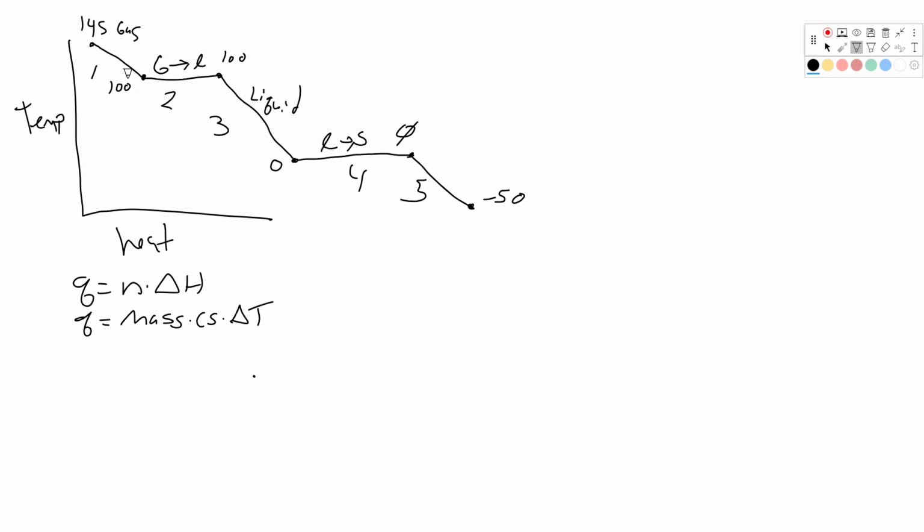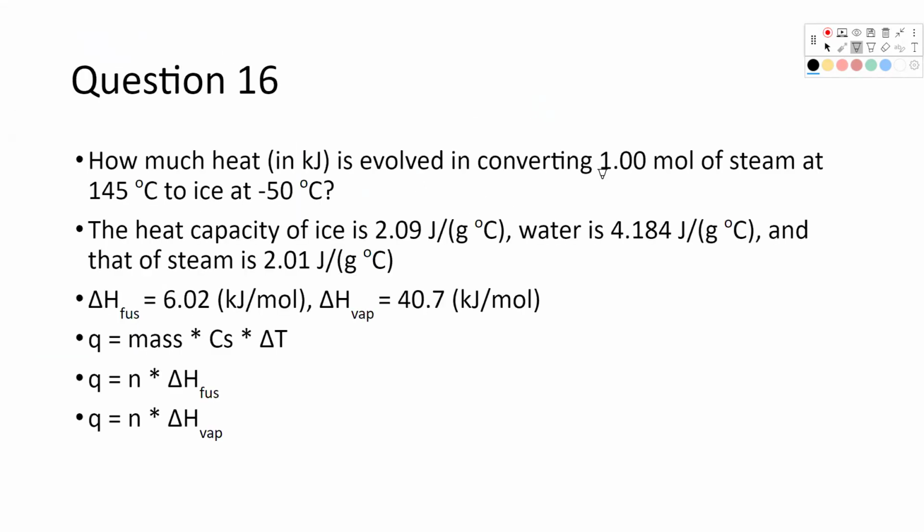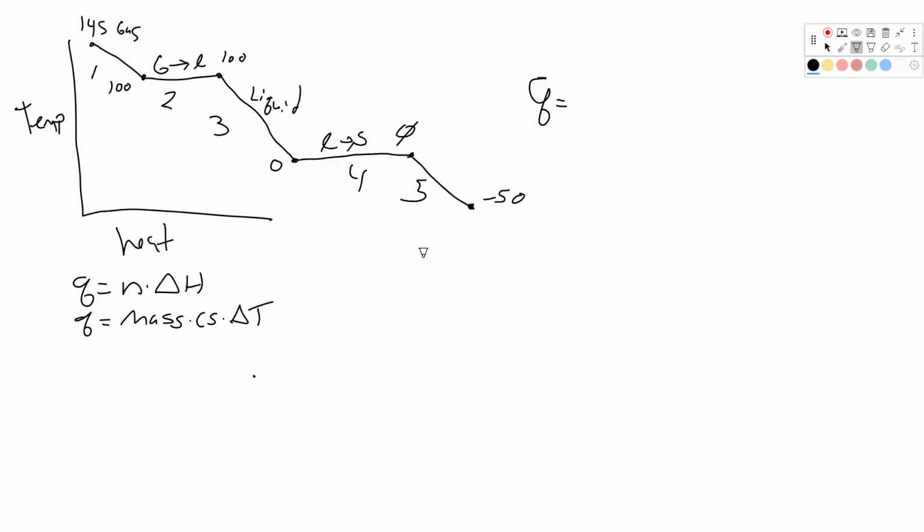All right, so let's solve this segment by segment. So segment 1, we are cooling, so we're changing temperature. So Q equals mass. Well, we have 1 mole of water. The molecular weight of water says that for every 1 mole of water we have, that's 18.02 grams.